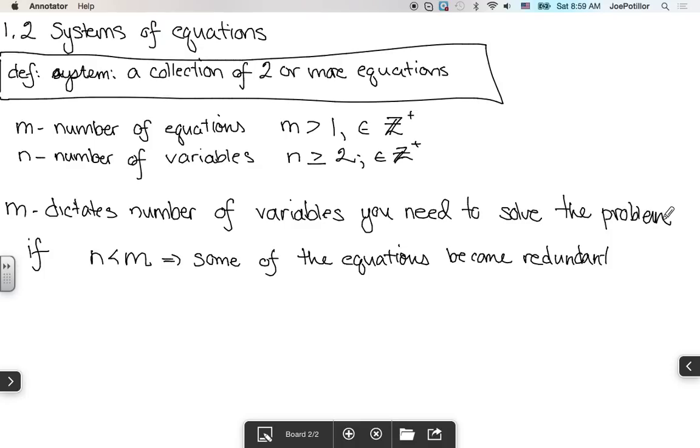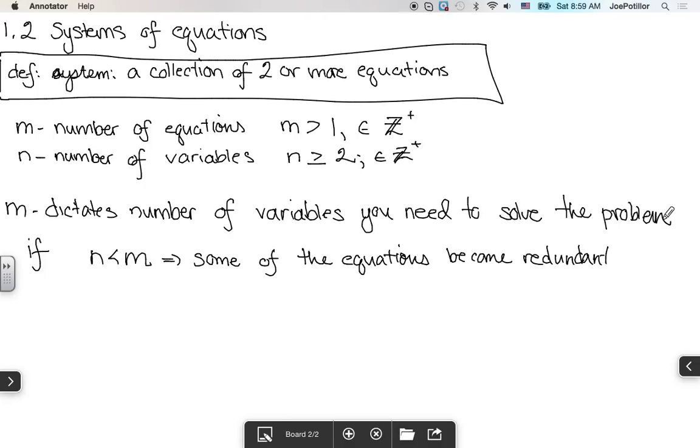That is to say, that eventually, by the time you combine them all together, one of the equations will cancel. Okay? That has to happen. Why?